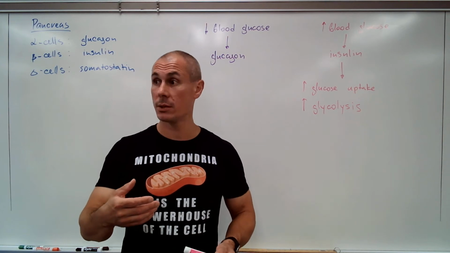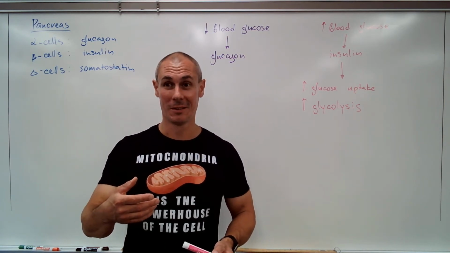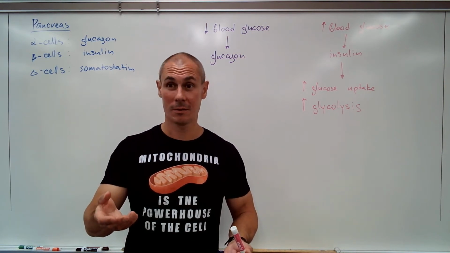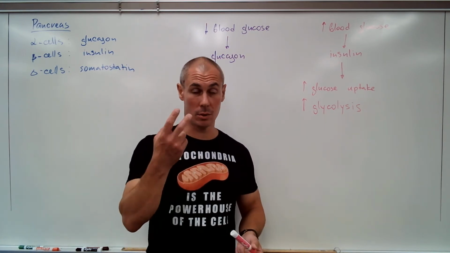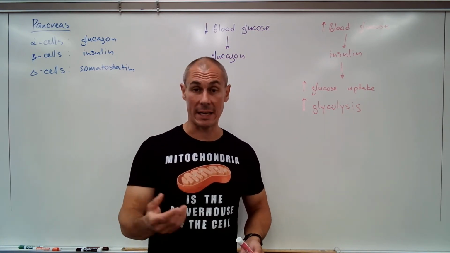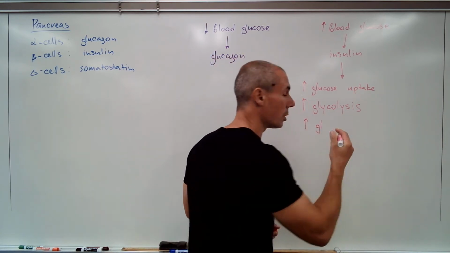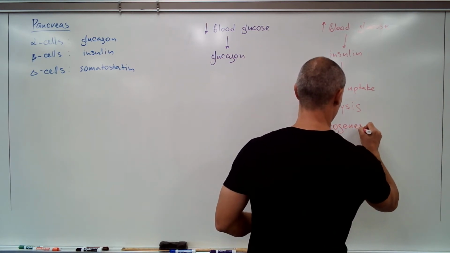Another form is, if you eat a lot of sweets, 5 minutes on the lips, 5 years on the hips, in the form of fat, right? So two ways, glycogen and fat. Increased glycogenesis.